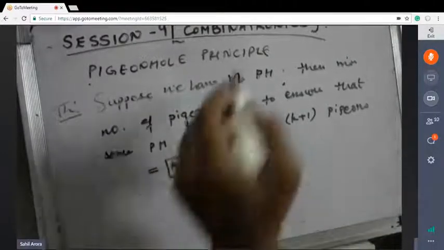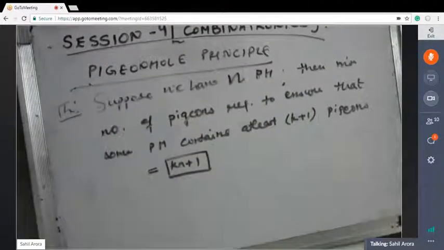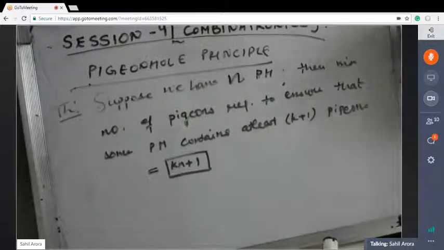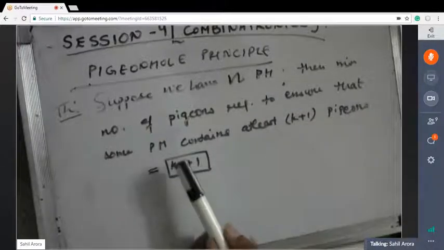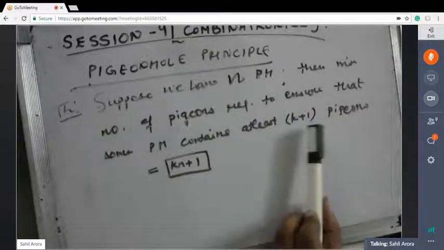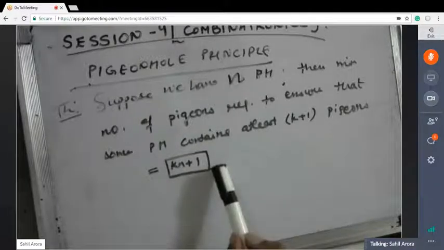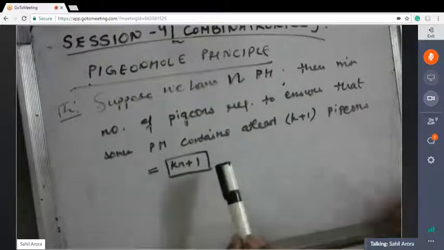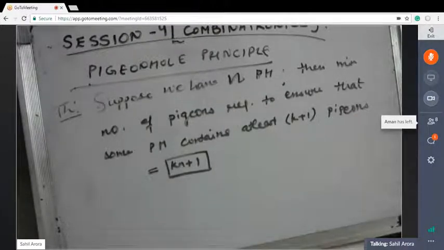So I'm repeating this theorem because if you know this theorem, you'll be able to solve any question on pigeonhole principle. It says that suppose we have n pigeonholes, then the minimum number of pigeons required to ensure that some pigeonhole contains at least k plus 1 pigeons is equal to k into n plus 1. And we've also seen the derivation of this, just like 2 minutes back.